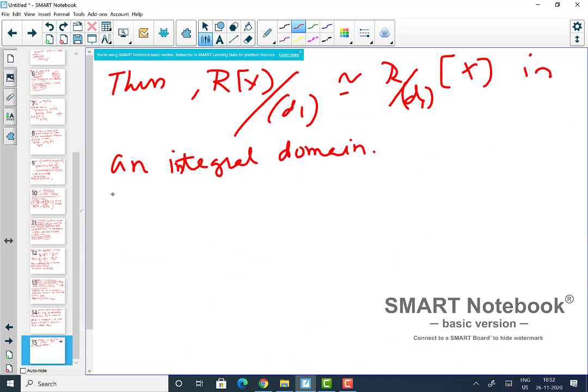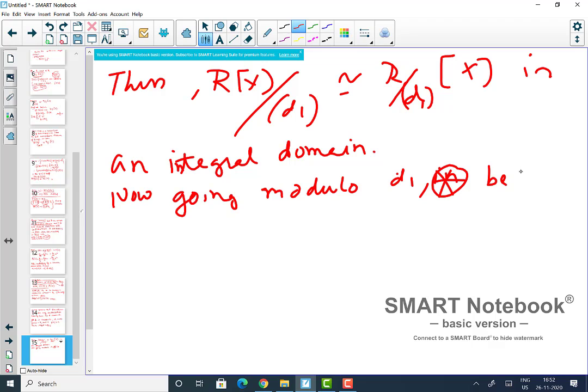So now going modulo D1. So what does that mean? That means you are dividing by D1, you are crossing out D1, the star becomes, what the star becomes?